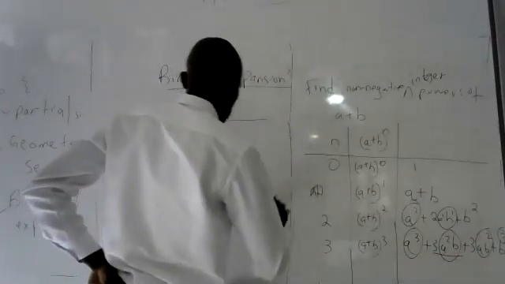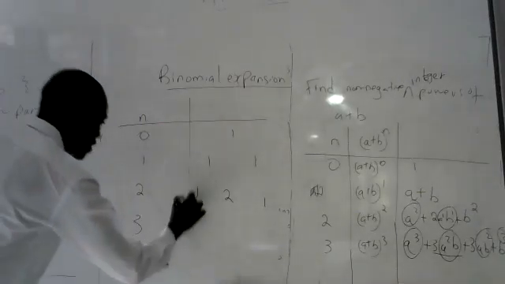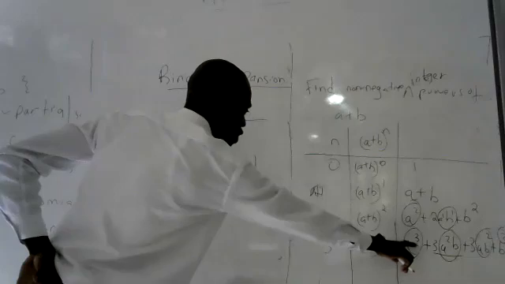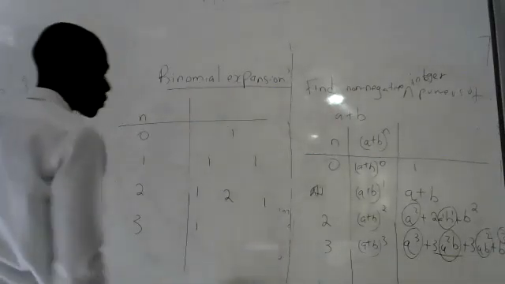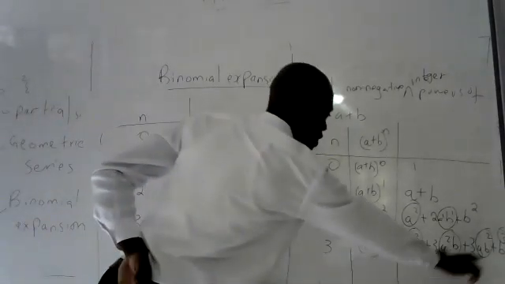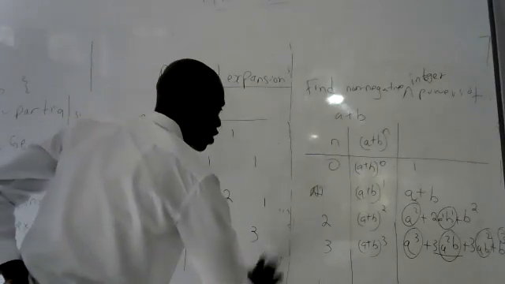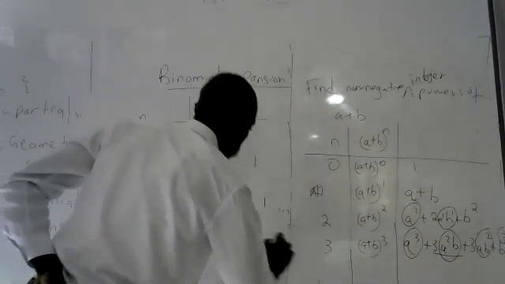Coefficient of 2ab, well, that's 2. Coefficient of b squared is 1. Lastly, at 3, coefficient of a cubed is 1. Coefficient of 3a squared b, well, that is 3. Coefficient of 3ab squared is also 3. And lastly, coefficient of b cubed is 1.